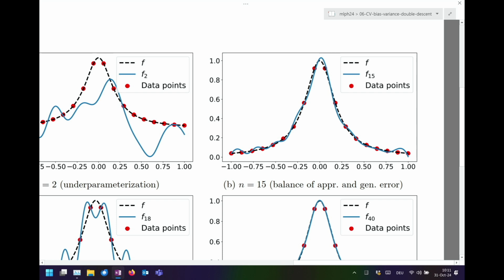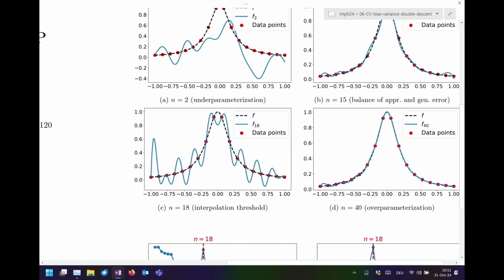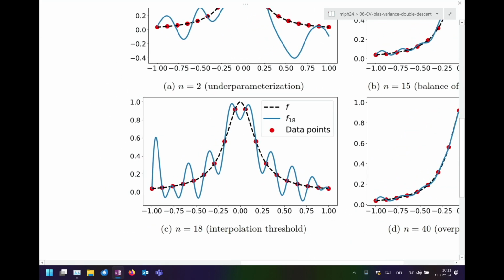Now, when these are 18 points, and when using 18 functions, yeah, so we have 18 measurements, we have 18 unknowns, we can solve the linear system of equations. We obtain perfect interpolation and a horrible fit.